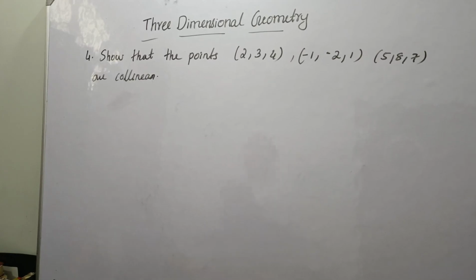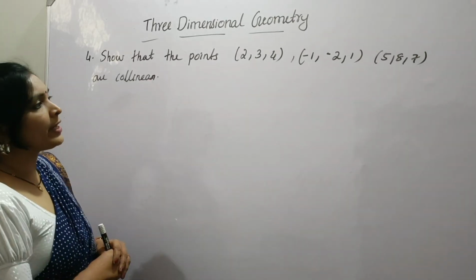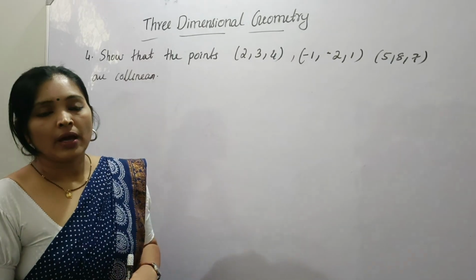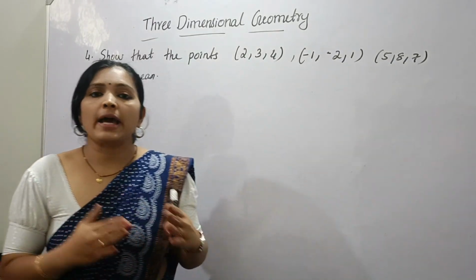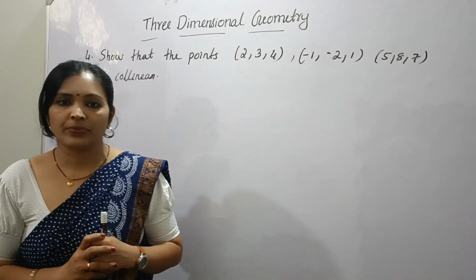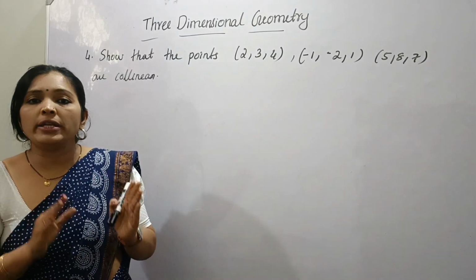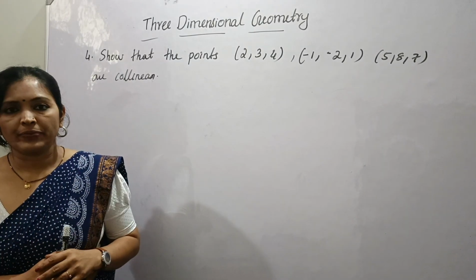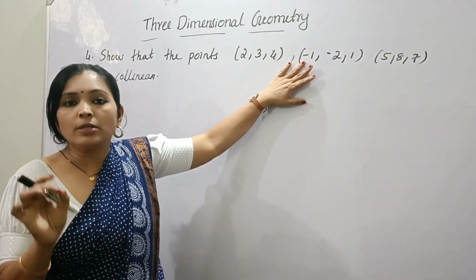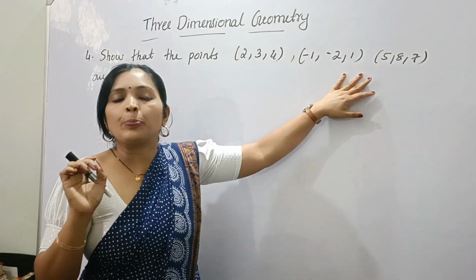Show that the points 2, 3, 4, minus 1, minus 2, 1, 5, 8, 7 are collinear. We know that if 3 points are collinear, then these 3 points should be lying on the same line, right? Or the lines joining these points are parallel, right? So here we have to show the lines joining these points are parallel.